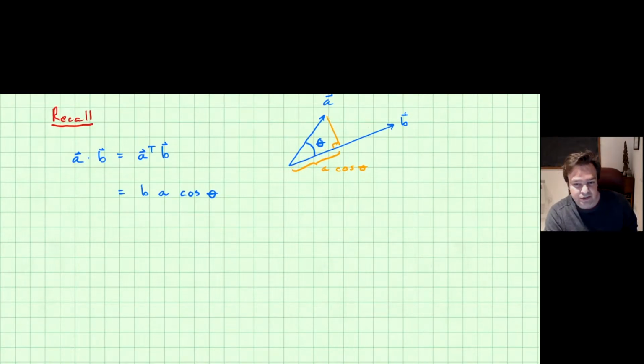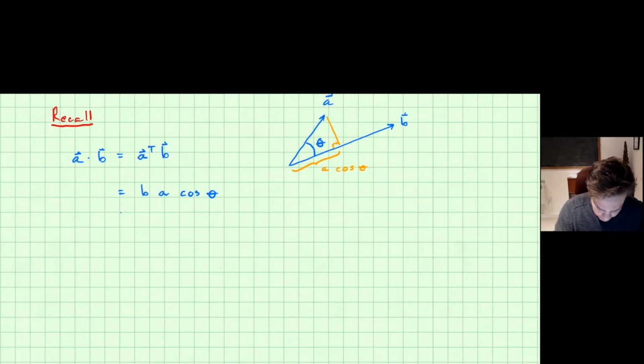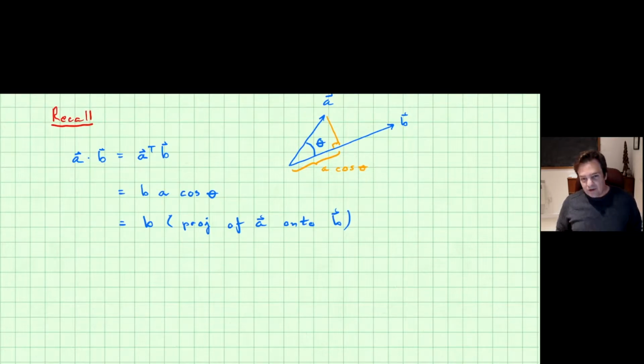That's called the projection of the vector A onto the vector B. So you can write this expression for the dot product as the length of the vector B times the projection of A onto B. Of course, that projection doesn't depend on the length of the vector B. If B was just a short vector like that, the projection still happens along this line, which extends infinitely in the direction of the vector B.